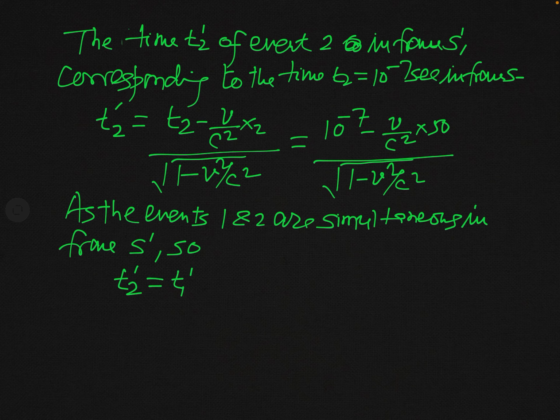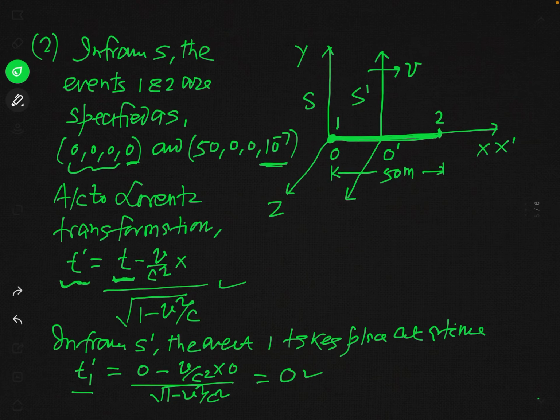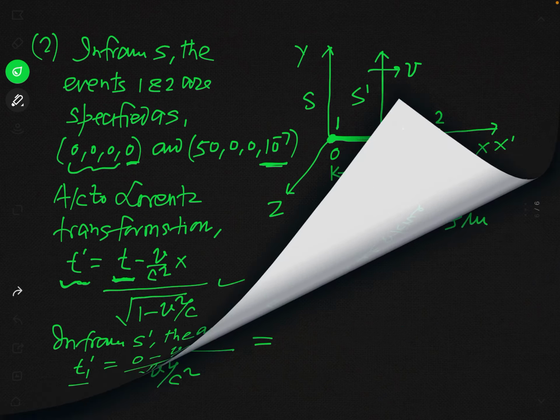When the times of events are equal, you call that the events are simultaneous. So now let us substitute the values of T2 prime and T1 prime. This is T2 prime: 10 to the power minus 7 minus V over C square into 50, over the square root of 1 minus V square by C square, and T1 prime, you have seen, is equal to 0.